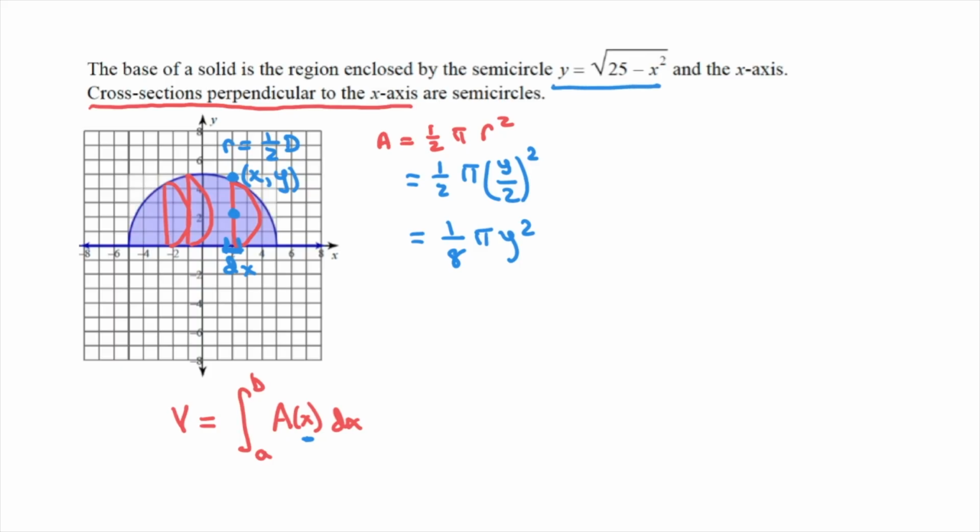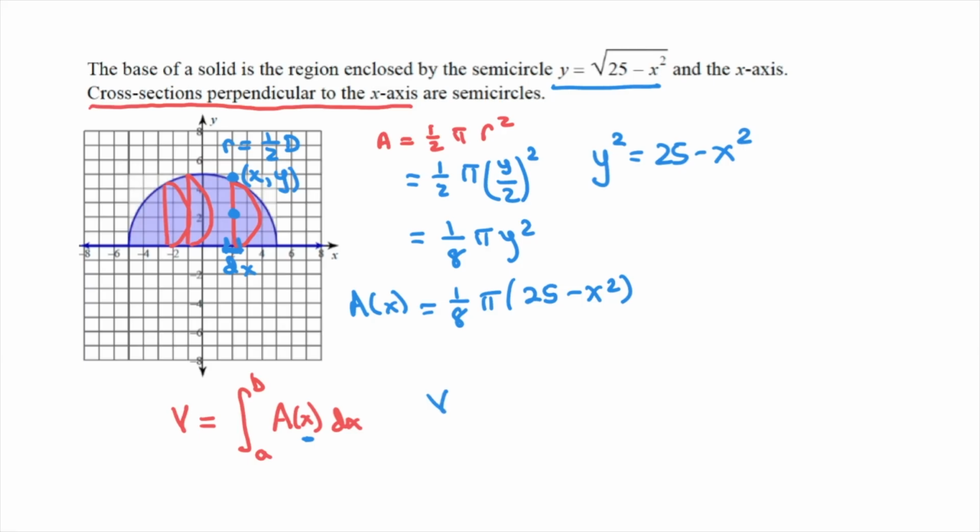However, we were given this information. y is equal to the square root of 25 minus x squared. So y squared must be 25 minus x squared. Substitute that information in. We have our 1/8 pi times the quantity 25 minus x squared. And now we have the area with respect to x.